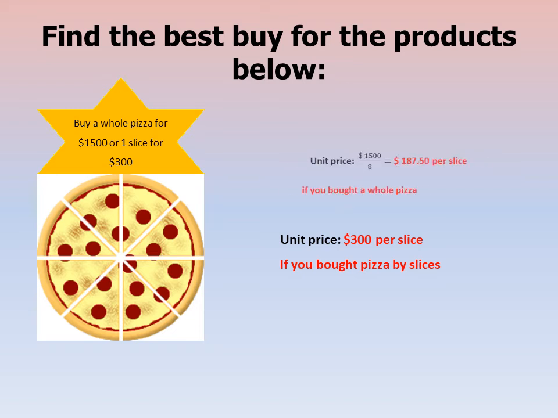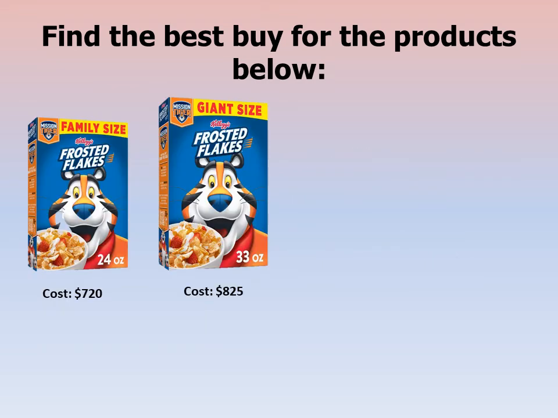Let's take our final example for the day. Here we have 2 boxes of cornflakes, different sizes. We have the family size and we also have the giant size. Let's identify the number of units.